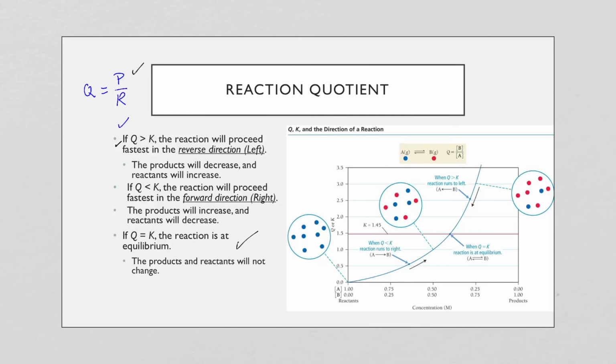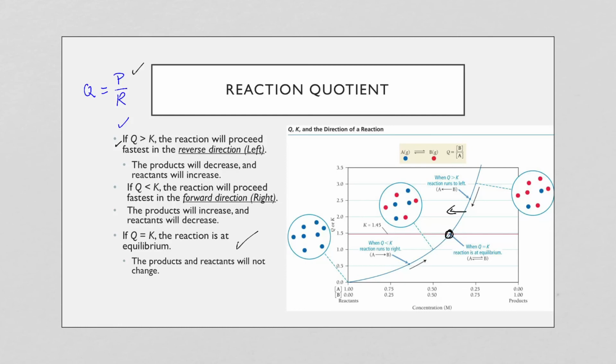And so that's what this diagram is showing here. This is at your equilibrium constant. If you are over here to the right on our diagram, that means we have more products than we should at equilibrium. So we're going to move this direction.